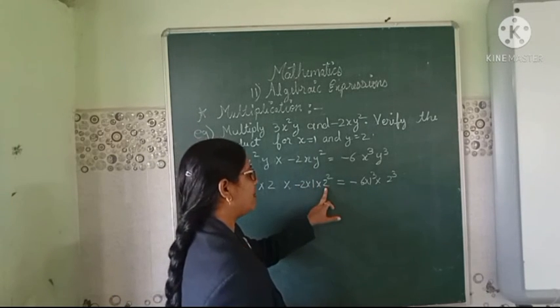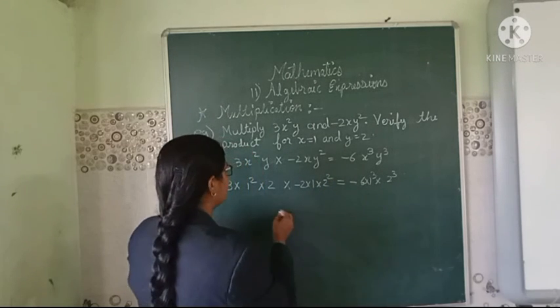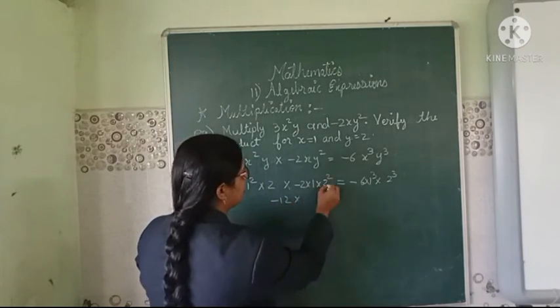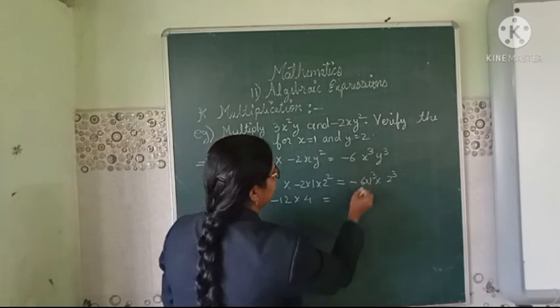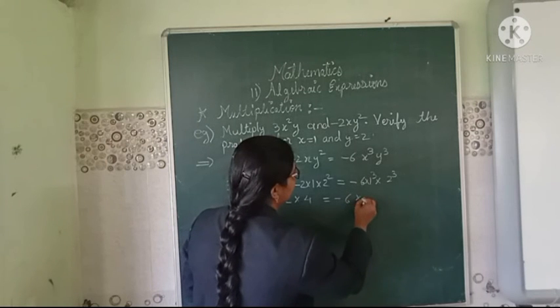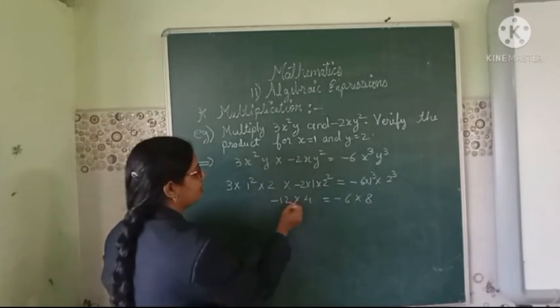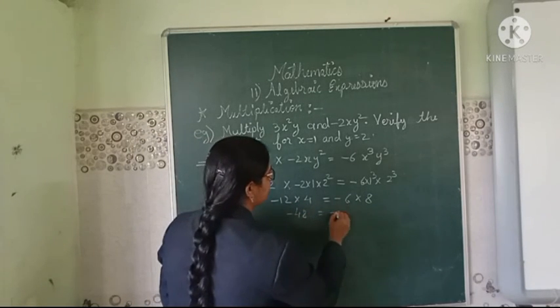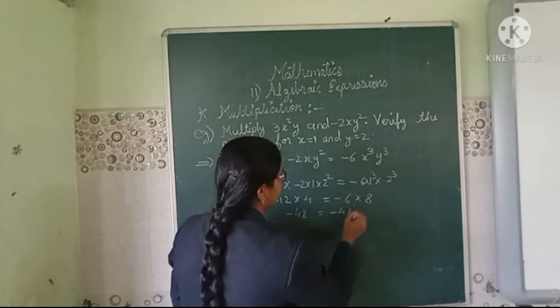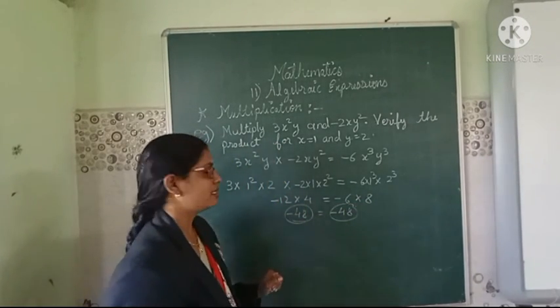Minus 12 multiplied by 2 raised to 2 is 4. Okay. So minus 12 multiplied by this 4. And here it will be negative 6 multiplied by 8. 2 cube is 8. Negative 12 multiplied by 4 is negative 48 equals to negative 48. 6 8s are 48. So you can see both are getting the same answers.